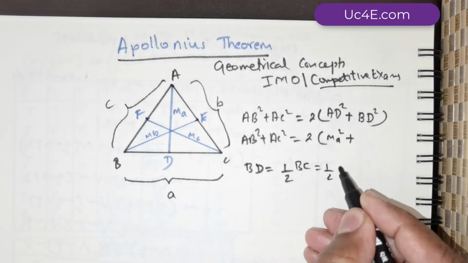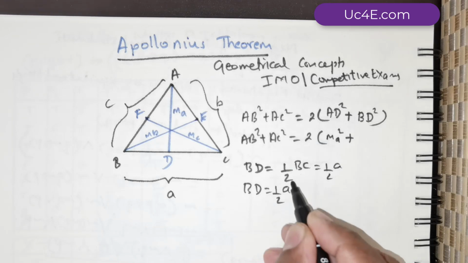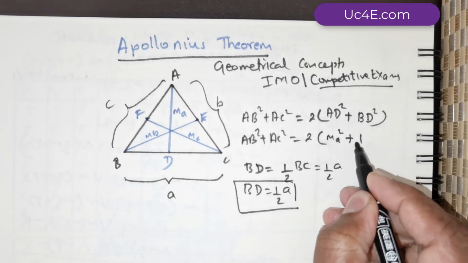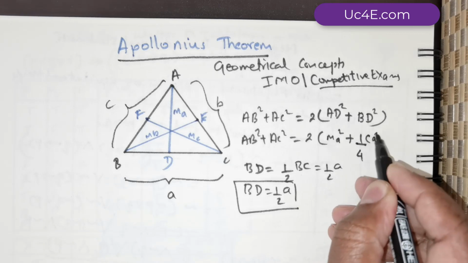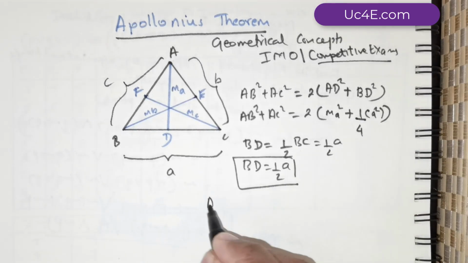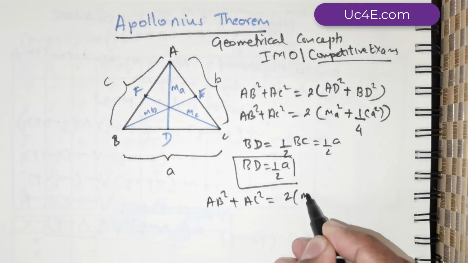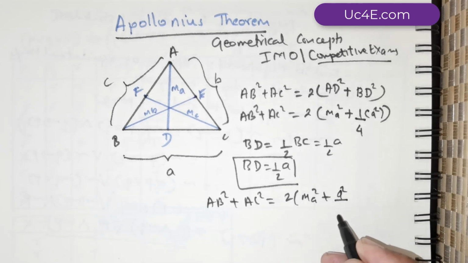BC is nothing but A units. So my BD is going to be half of A. This is my BD. But I need to put BD squared. So that's going to be 1 over 4 times A squared. So if I were to rewrite this, I would have AB squared plus AC squared is equal to 2 times MA squared plus A squared over 4.